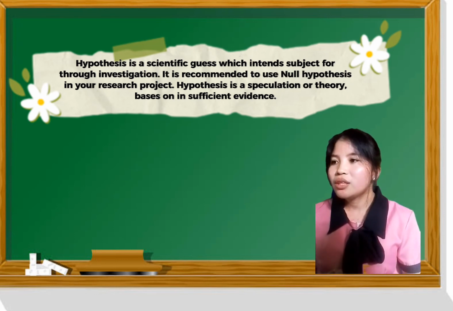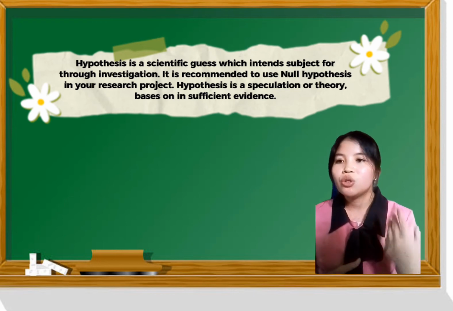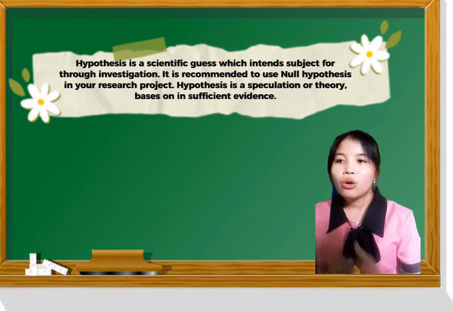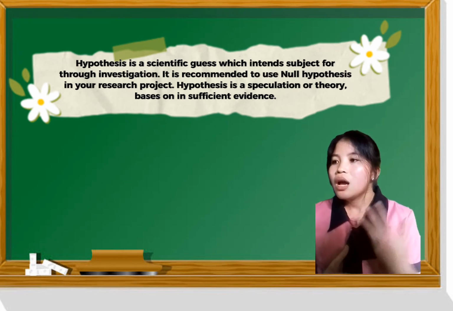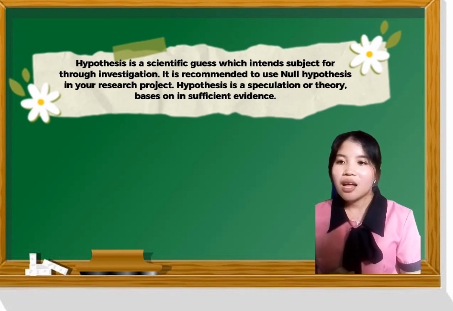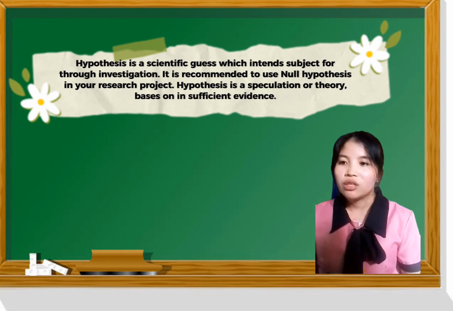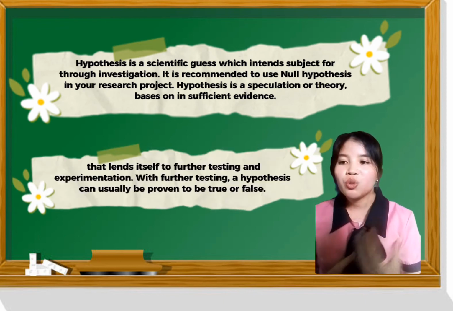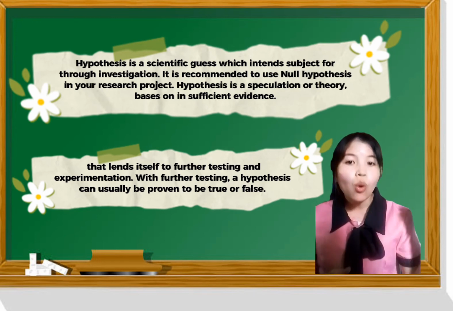It is recommended to use the null hypothesis in your research problem. A hypothesis is a speculation or theory based on sufficient evidence that lends itself to further testing and experimentation. With further testing, a hypothesis can usually be proven to be true or false.